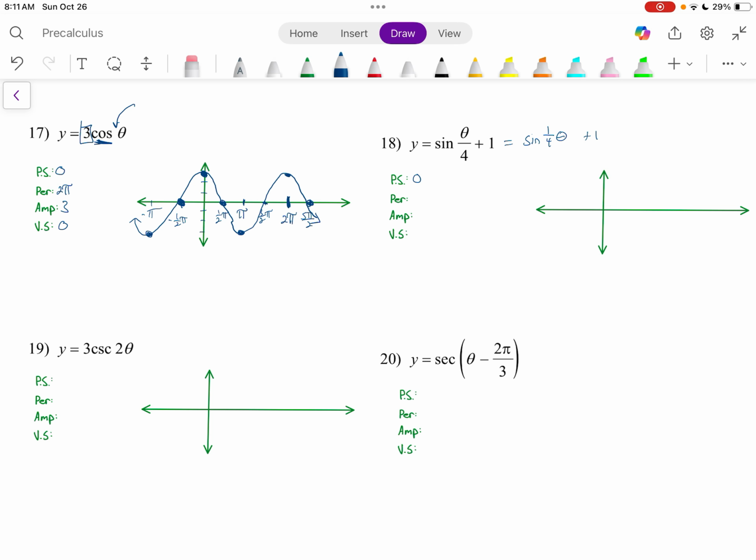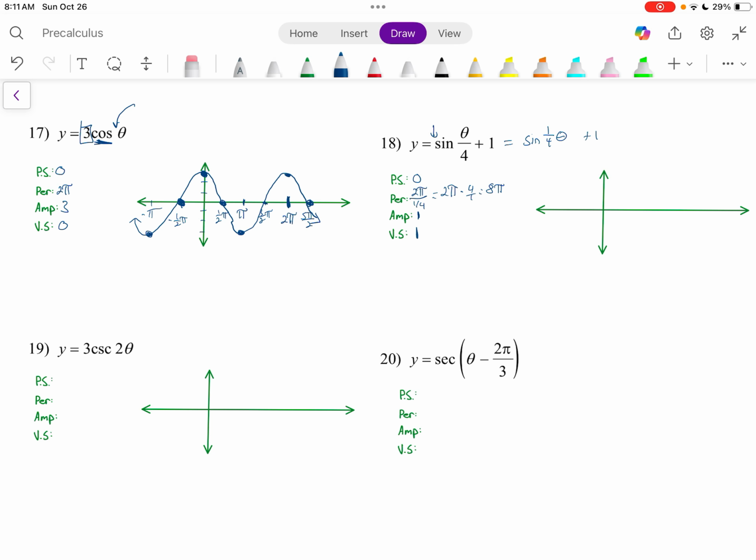And so we remember we do 2 pi divided by 1/4. Well, dividing is the same as multiplying by the reciprocal. So that's 2 pi times 4 over 1, which is 8 pi. So our period is 8 pi. Amplitude is still just 1, and vertical shift is 1.